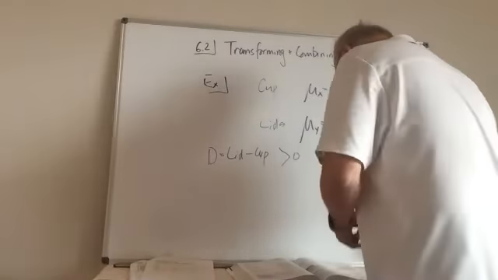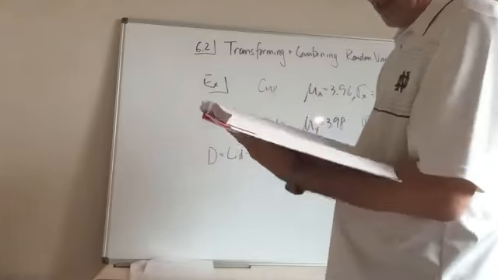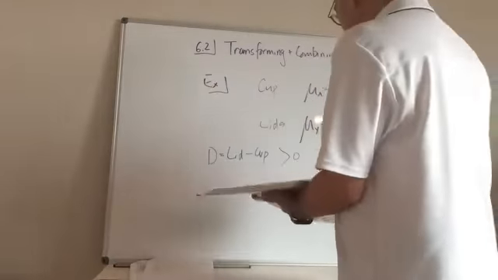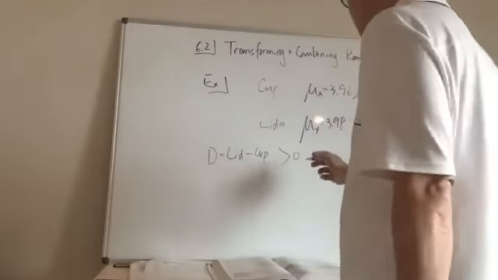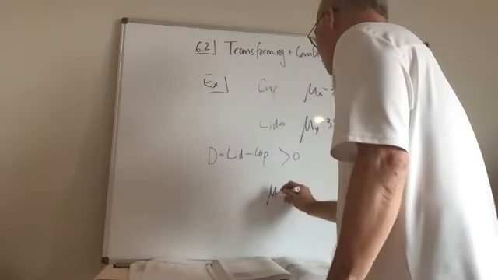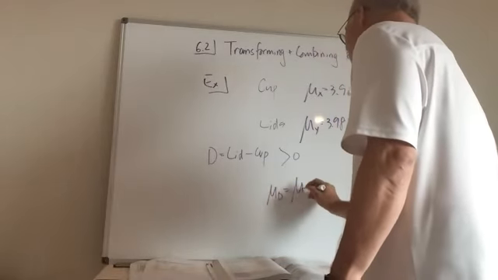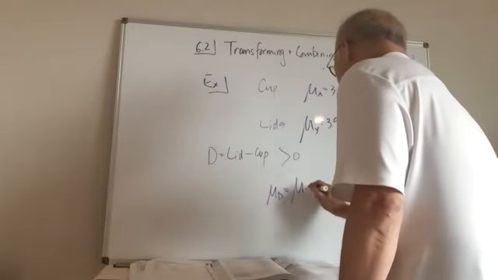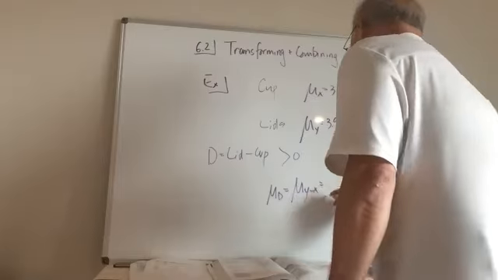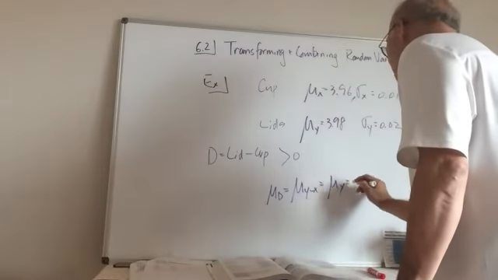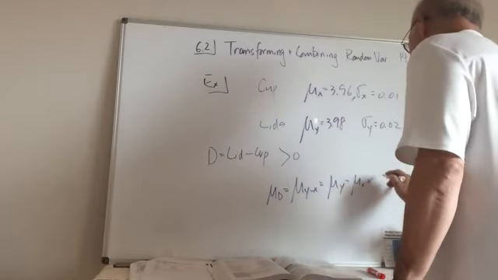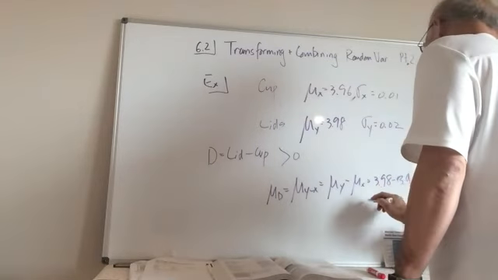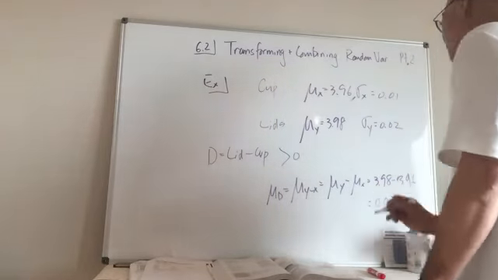Okay, this is what we're looking at. A, describe the distribution of D. So mu D is the same as the lid, which we call Y here, minus X. So it'd be mu Y minus mu X. So it's going to be 3.98 minus 3.96, 0.02.